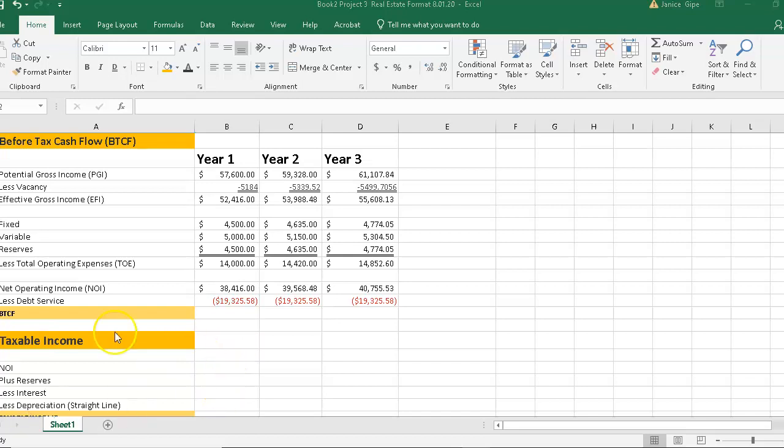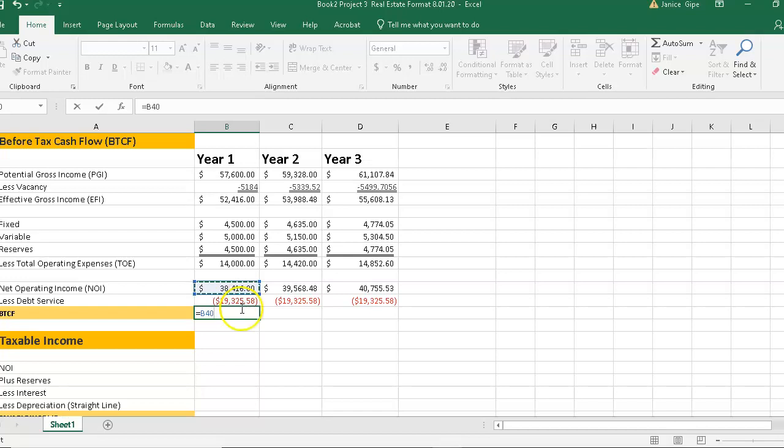So now to get our before tax cash flow, we'll simply take the net operating income minus this debt service. And to do that, we'll just take the NOI minus, which is 57.